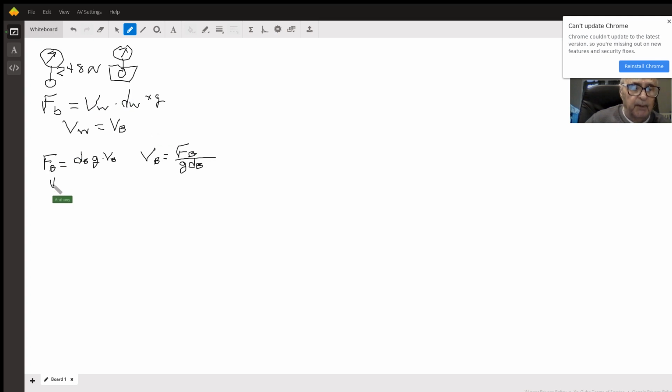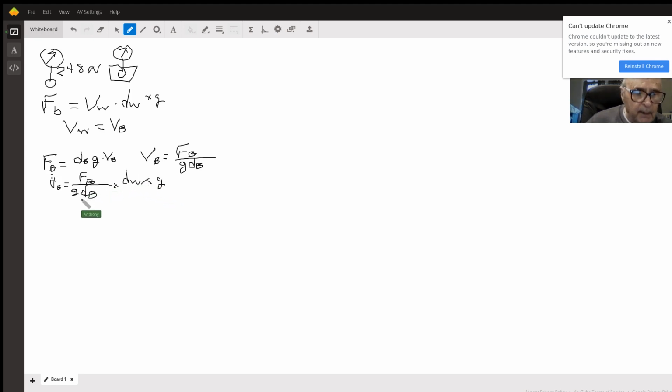So the buoyant force, that is the force that's being pushed up by the water, is equal to F sub B, which is the weight of the brass without any water, divided by the acceleration of gravity times the density of brass, times now the density of water times the acceleration of gravity.